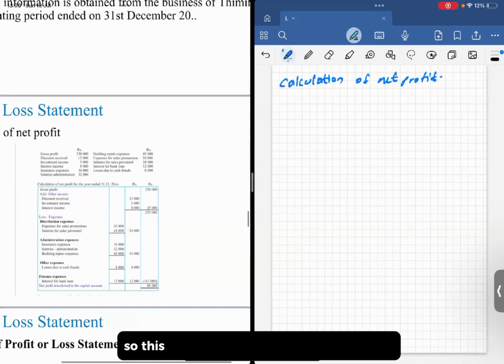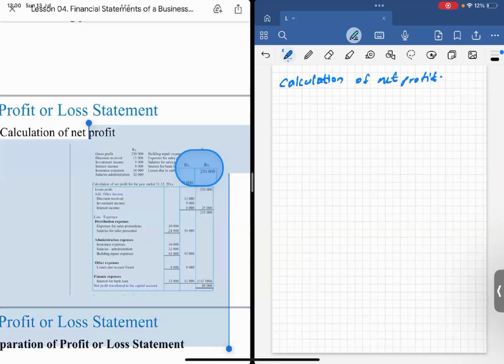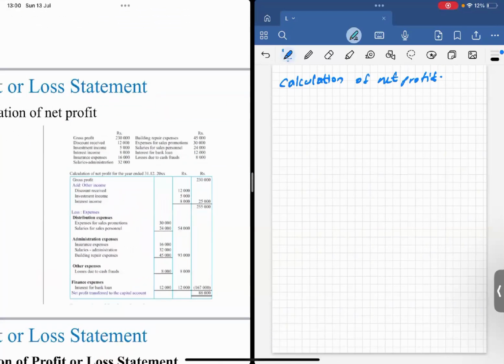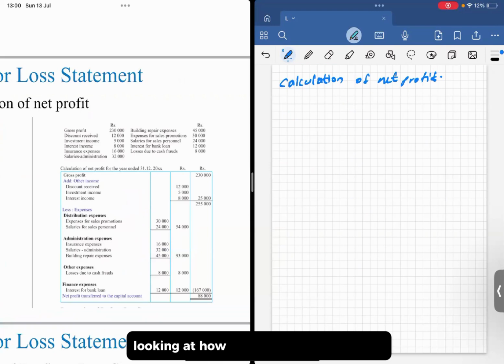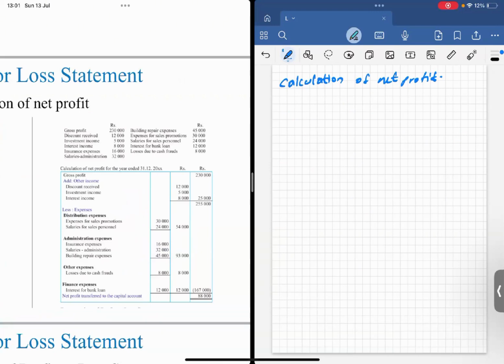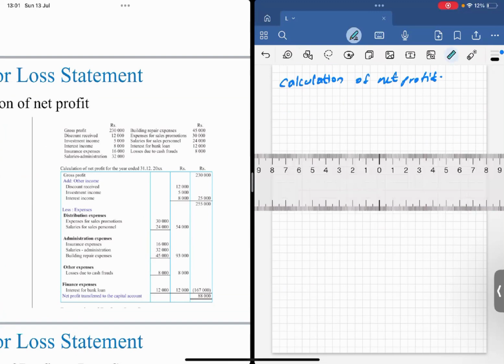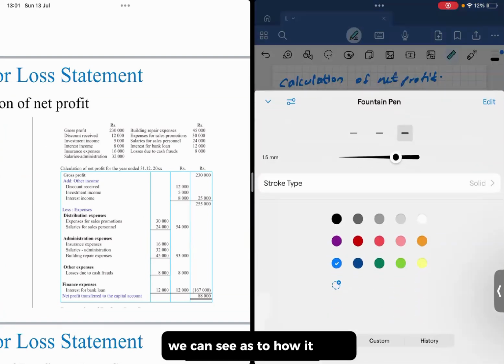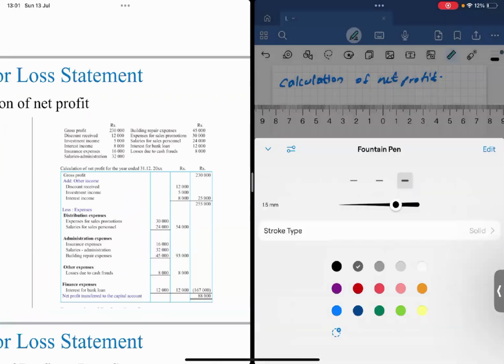For this one we are not going to do anything; we will just look at how it is being done.